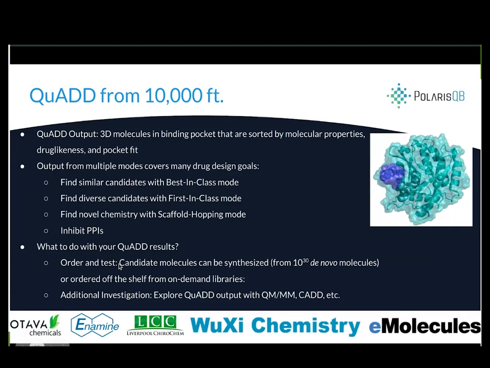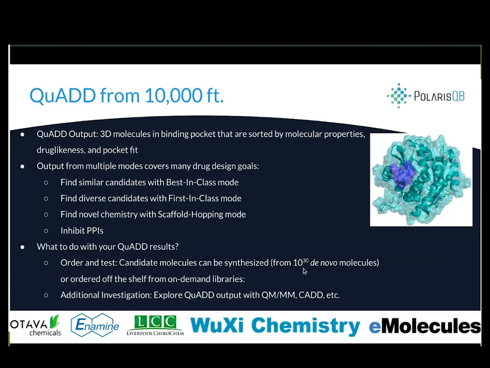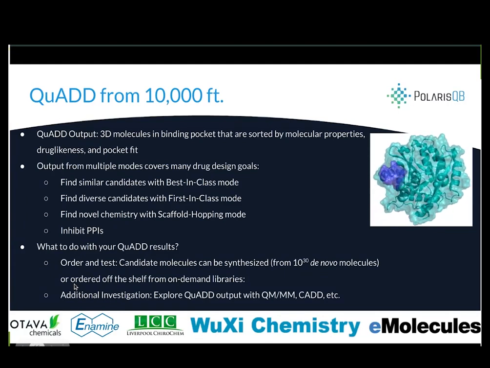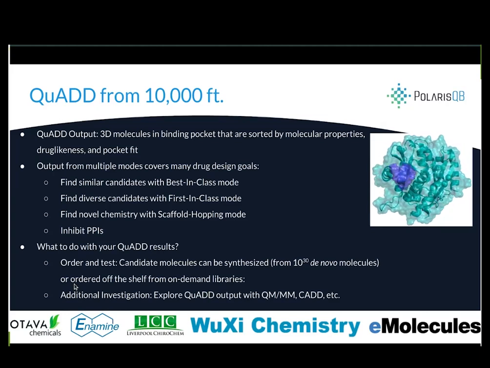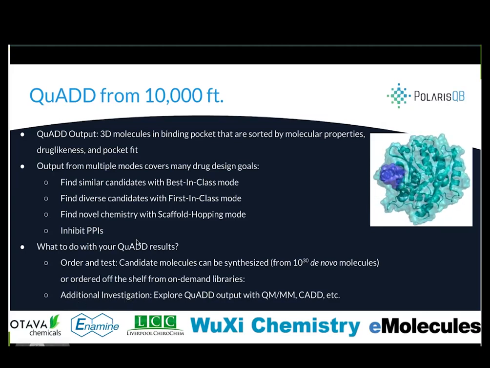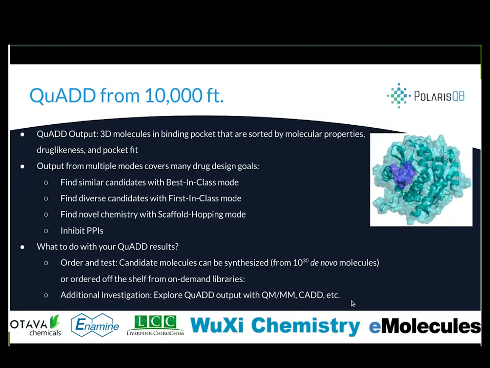You can order and test them, either from a de novo library, or you can use Quad to build within a commercial library, such as Liverpool Paraffin. You can also explore Quad output with QMMM, CAD, or other traditional methods.